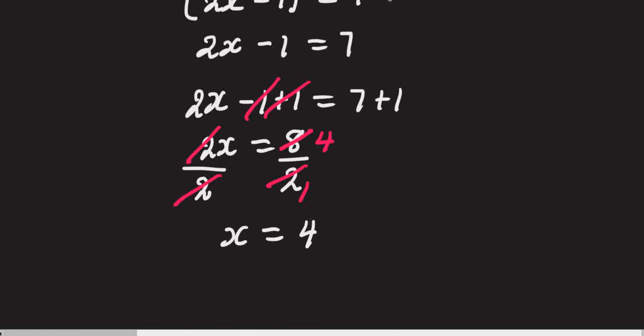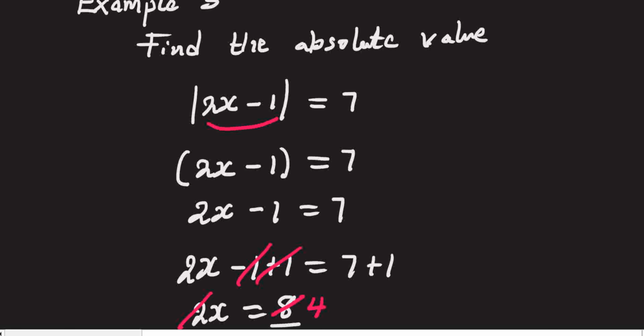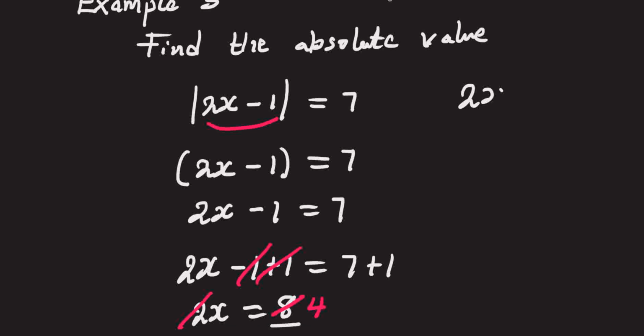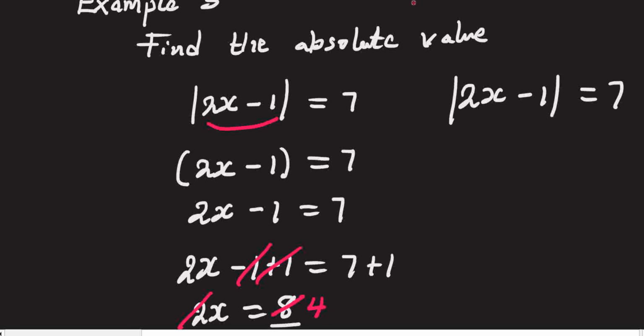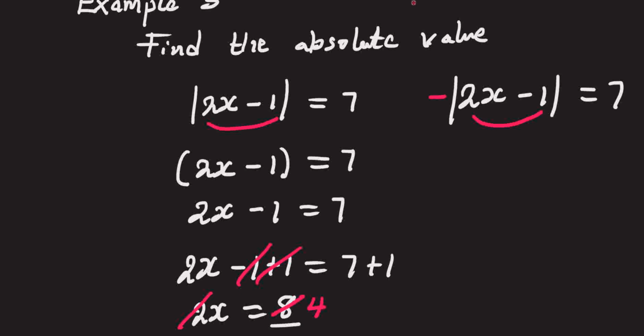Also, absolute value of 2x minus 1 is equal to 7. Now assume that what you have here is negative, so you place a negative sign outside. So change that now to parentheses. 2x minus 1 is equal to 7.